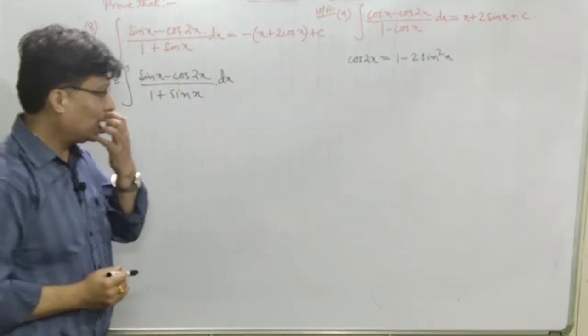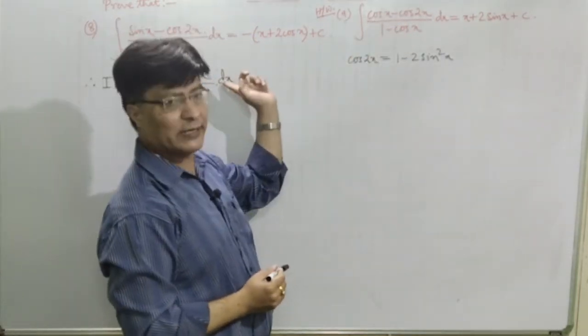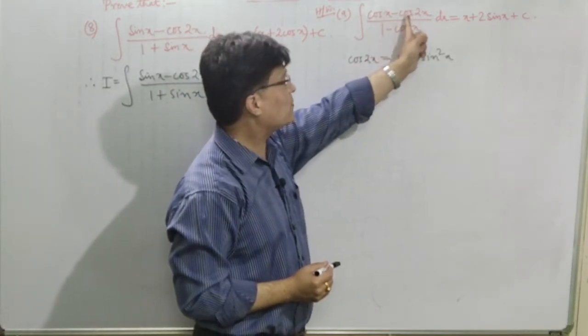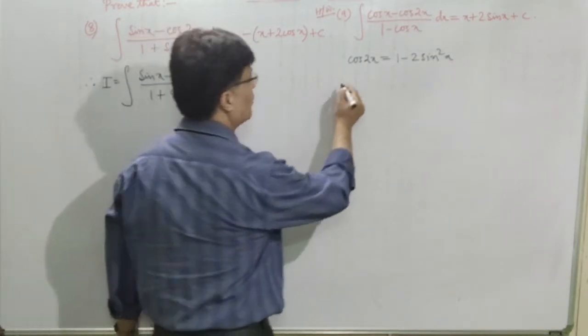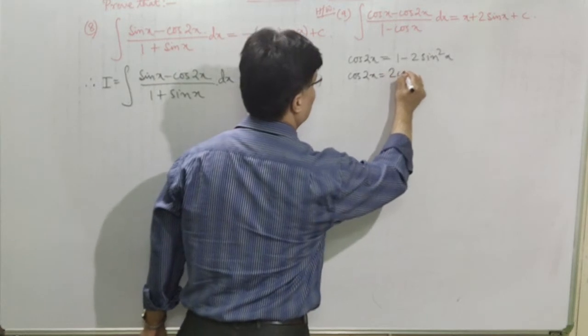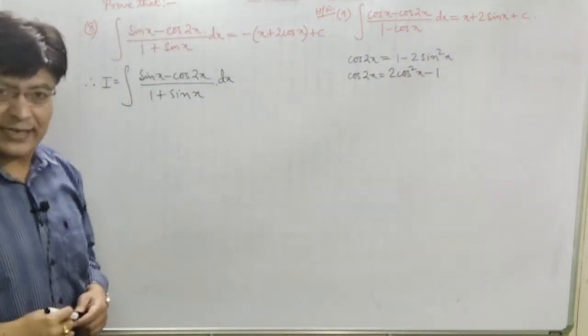Is that clear? Now similarly you can do this number 9. It is same as problem number 8, isn't it? But since here it is cos x, you should express cos 2x in terms of cos x. So what is the formula for cos 2x in terms of cos x? Cos 2x is equal to 2 cos square x minus 1. Is that clear?